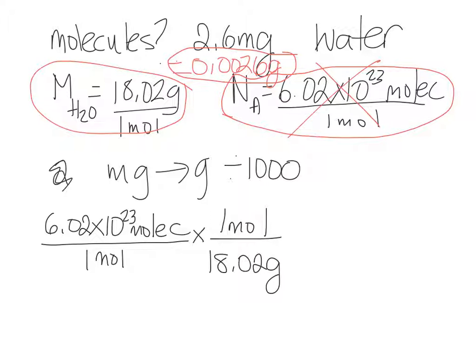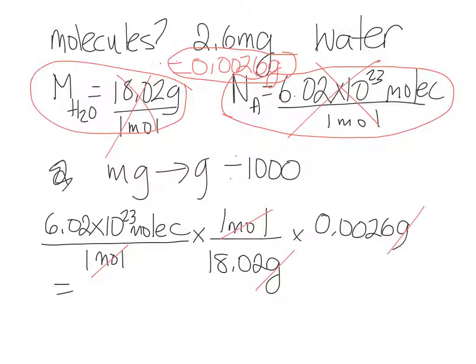1 mole over 18.02 grams. So now my moles cancel. But I've got grams. I want to get rid of grams. So my other number must have grams. And it does. So now my grams cancel. So in your calculator, you would put in 6.02 times 10 to the 23 times 0.0026 divided by 18.02.